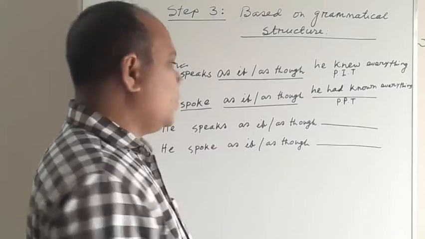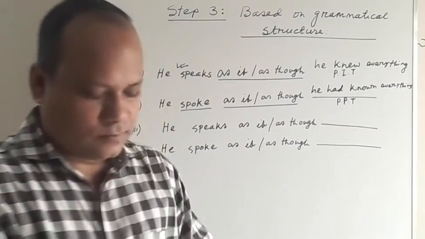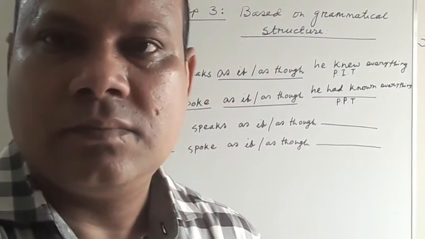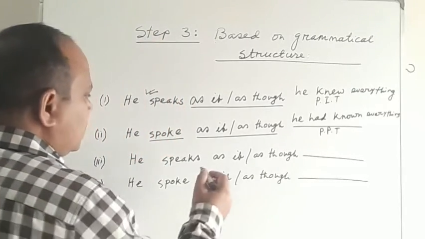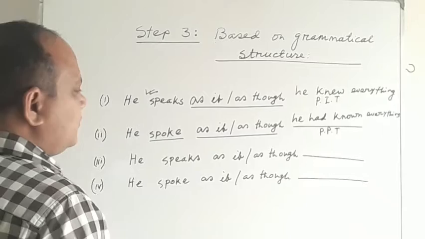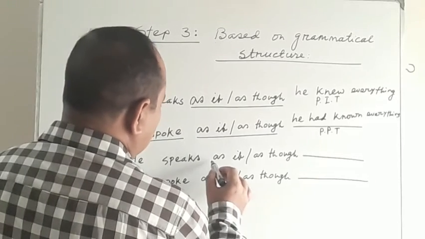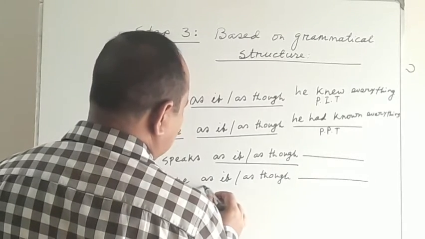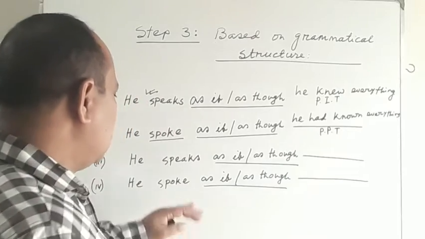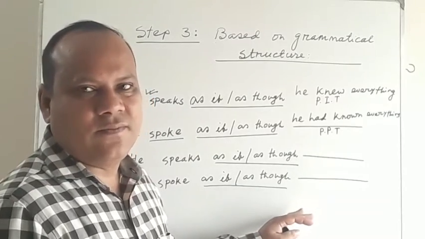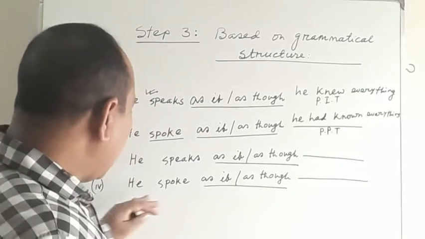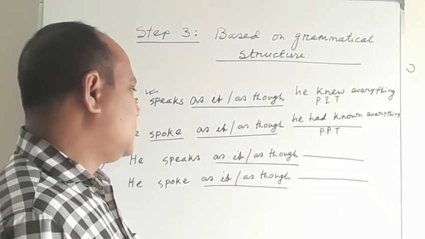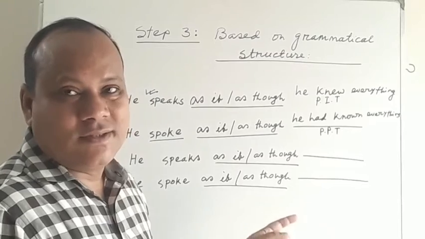Again, my dear students, I have already told you, we can use an auxiliary verb with as if or as though. But you have to remember that this type of sentence is formed with a peculiar grammatical rule, and these types of sentences belong to the subjunctive mode.